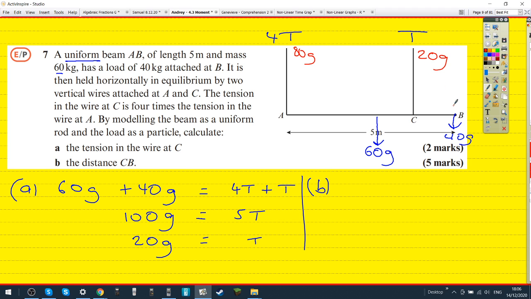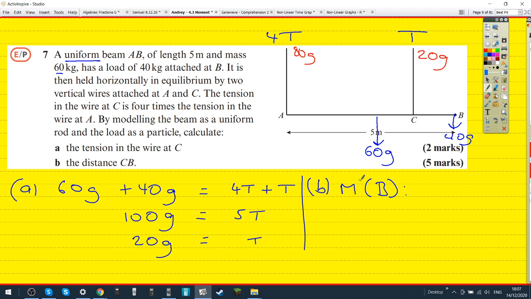So take moments about B. It's ready to do like 60 times 80 or something. Something like that. Let's see.